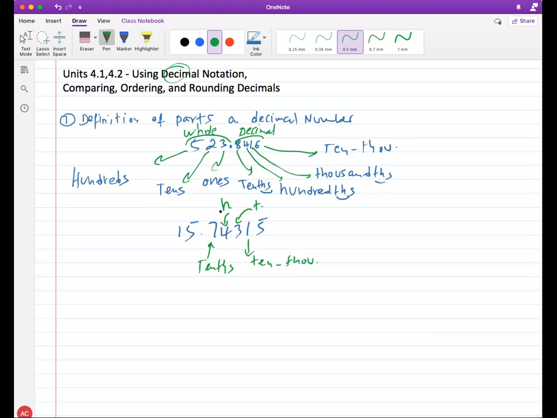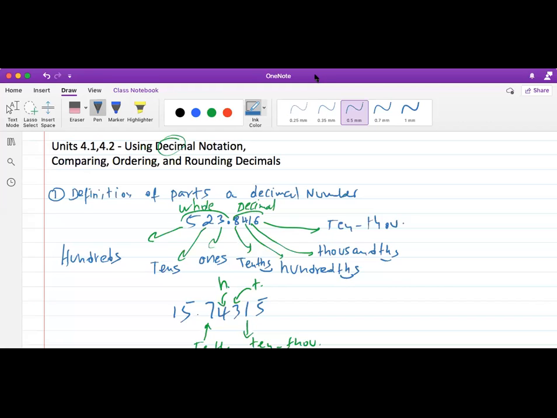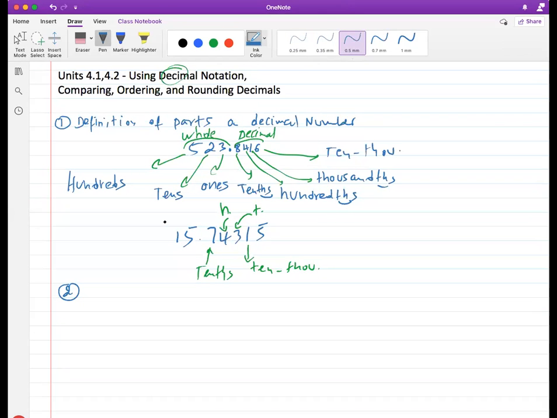Now let's see how to write decimals in words. Based on these names or place values that we use to identify each digit or its location, we can write decimals in words, not just, for example, saying 0.1.